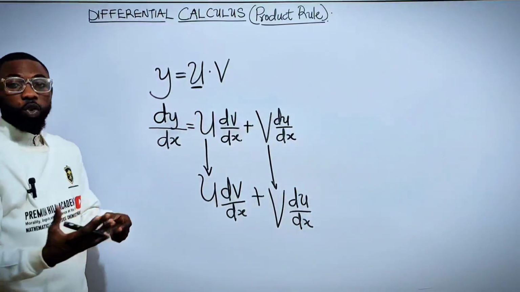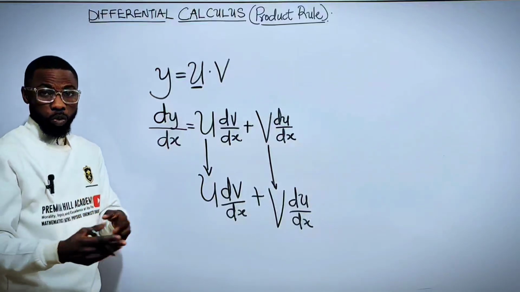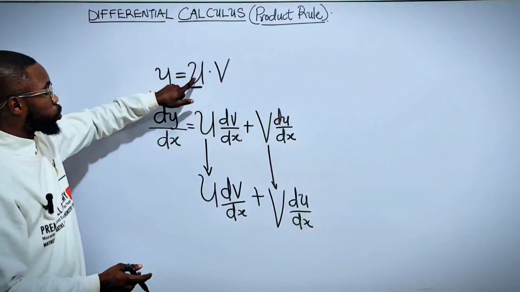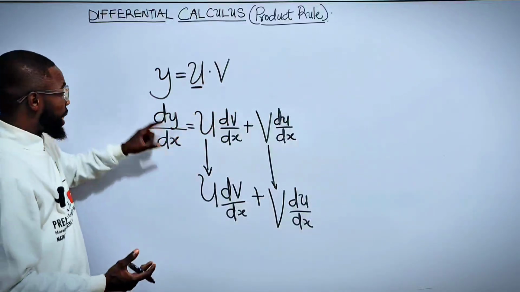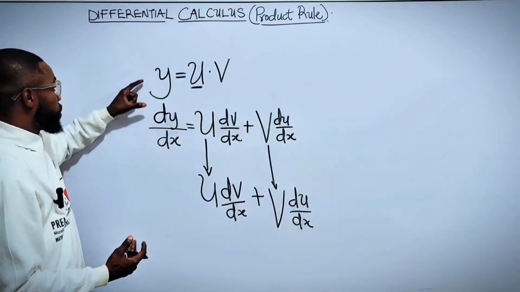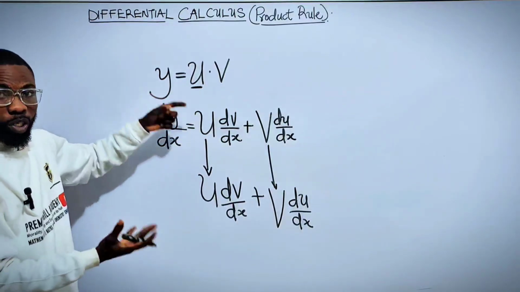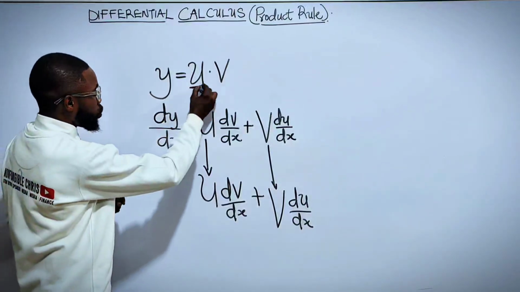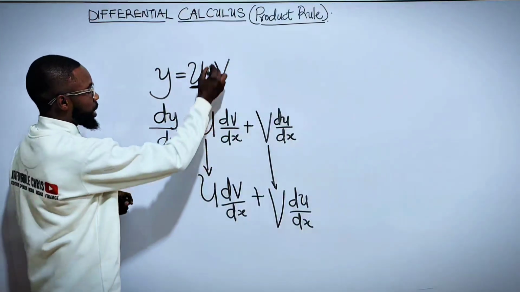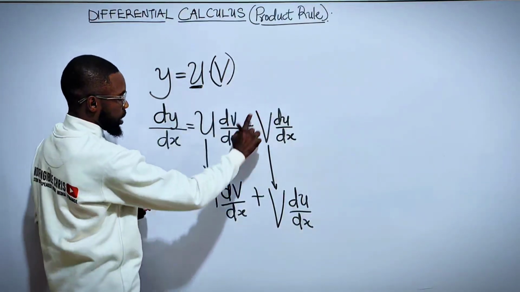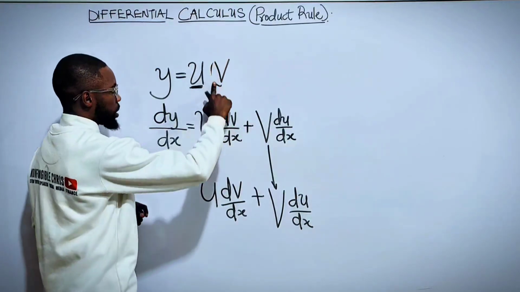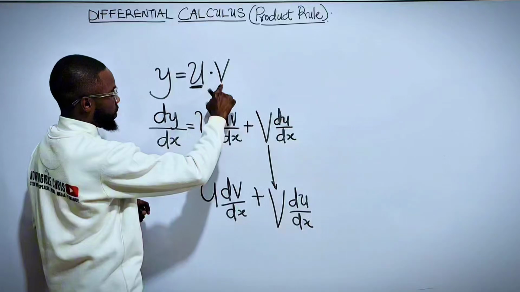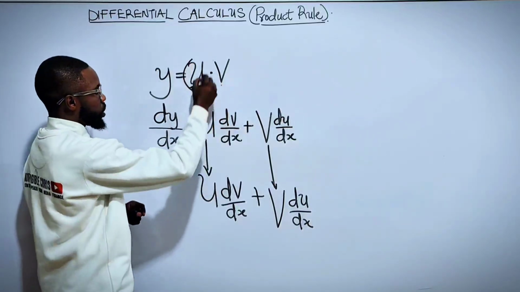So when I give you questions that relate to the product rule, if y is equal to u times v, then dy over dx is u times the derivative of v, plus v times the derivative of u.